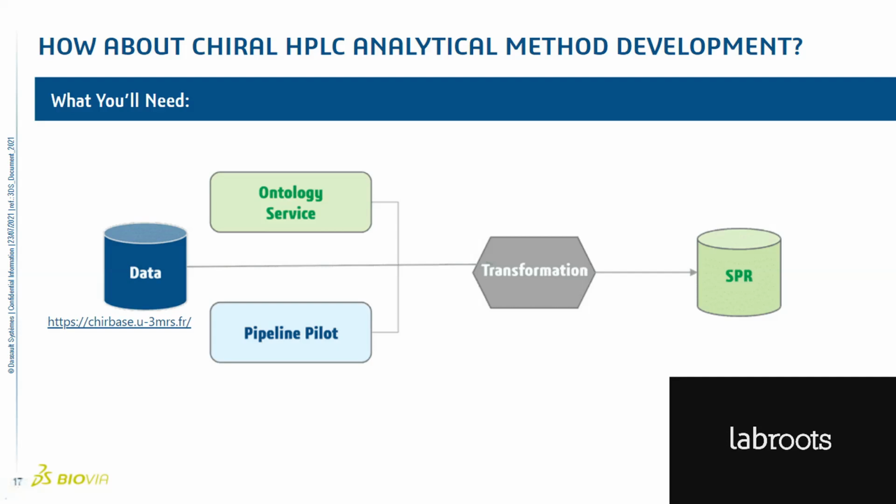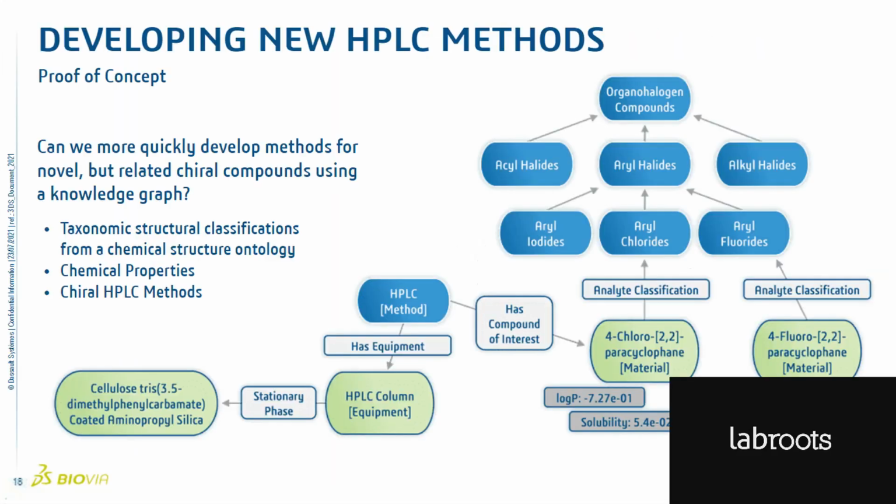And then we took all of that information and we put it into our experiment data model, which we call SPR for Studies, Process, and Results. So here's just a brief diagram of how it's all connected. Up at the top, you can see our chemical classification that we were looking at earlier as a taxonomy. And then we get down to the actual structures. Here we've generated some physical constants of their structures using Pipeline Pilot.